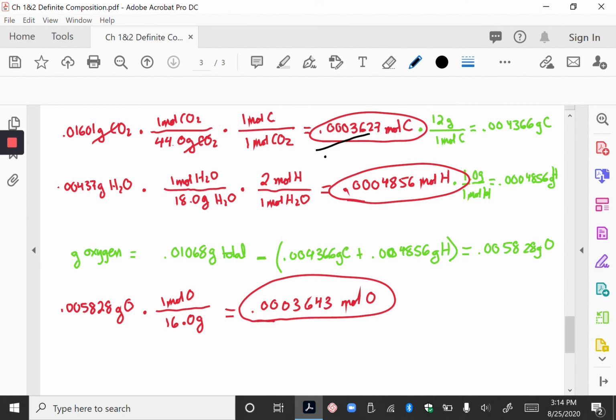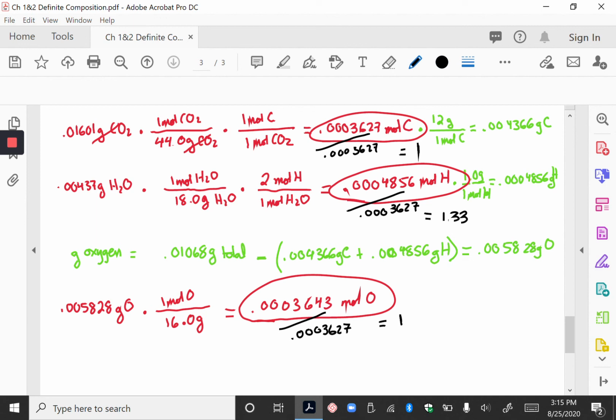I'm going to divide this by 0.0003627 and do the same thing for all of them. This obviously gives us 1. This gives us 1.33 something. And this gives us 1.